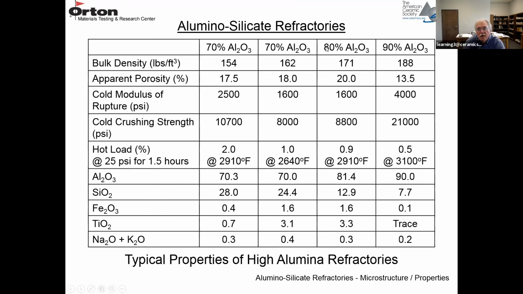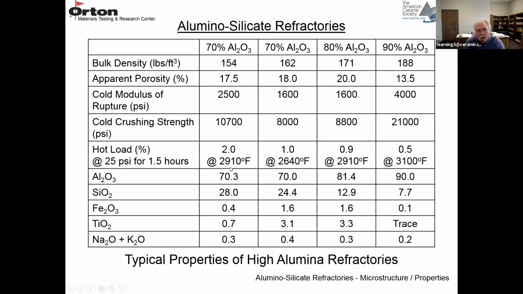The next group are the 70 and 80% aluminas. And as you go up in alumina content, you're now going from 154 to 162 to 171 to 188. So the density is going up. Porosity levels are in the same range. Some of these strengths, depending on how they're processed, are getting a little bit higher than the fire clays. The compressive strengths are getting higher also.